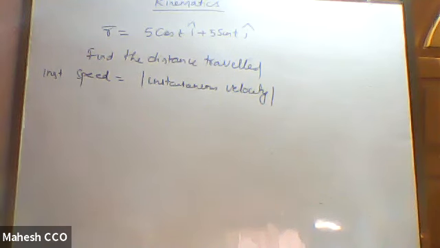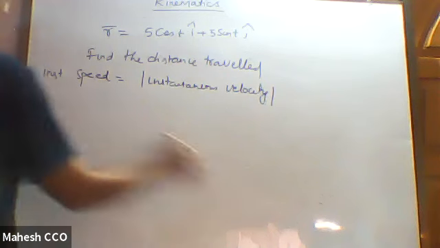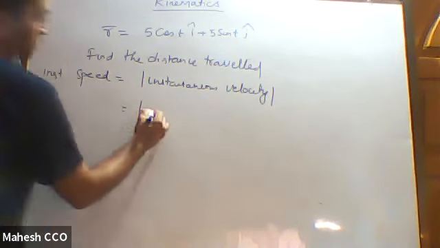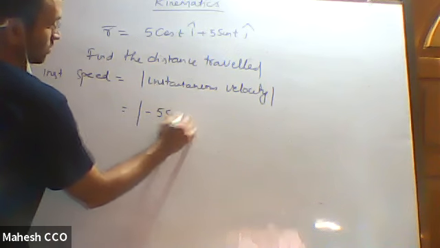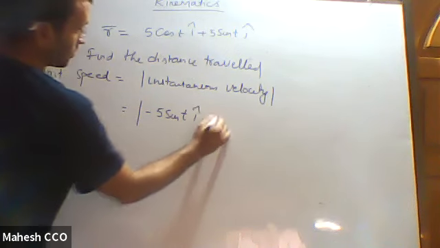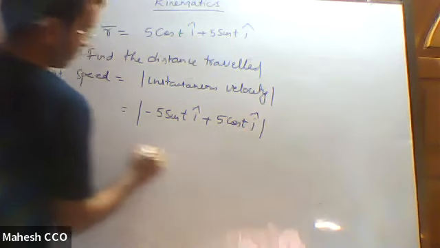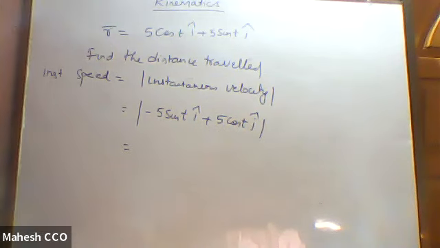Don't worry about it. Now here, what is the magnitude of instantaneous velocity? Our instantaneous velocity is found to be: its x component is minus 5 sin t, y component is 5 cos t.